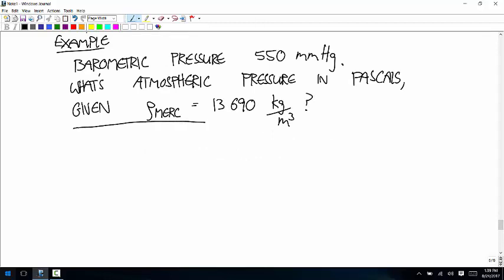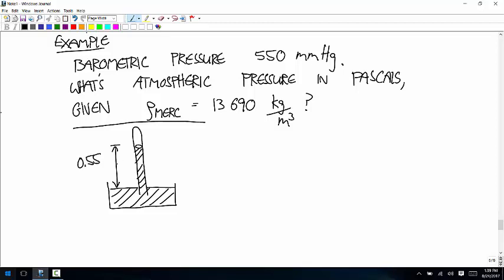Okay, so how are we going to calculate that? Well, let me draw this setup. We know that this height is 0.55 meters if we're going to do it in SI units. The pressure at this point is the atmospheric pressure.